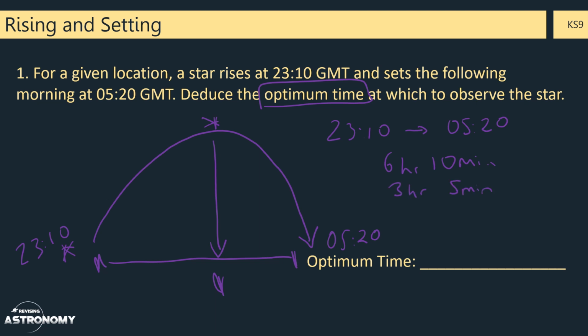So we're going to add 3 hours and 5 minutes onto 11:10, or if you find it easier, you could also subtract it from 5:20. 3 hours added onto 11:10 would be 10 past 12, 10 past 1, 10 past 2, and then the 5 minutes will be 2:15 in the morning. So the optimum time to observe this star would be at 2:15.